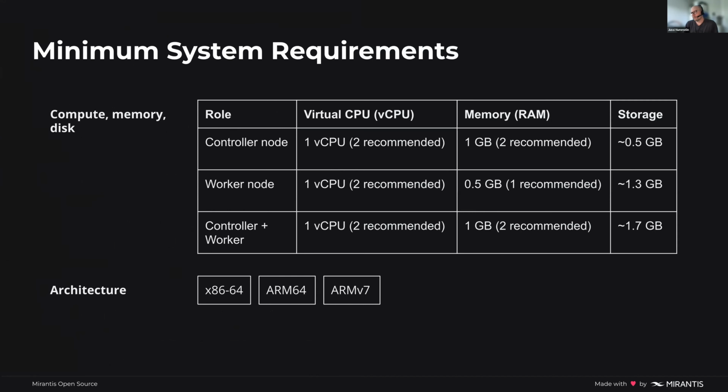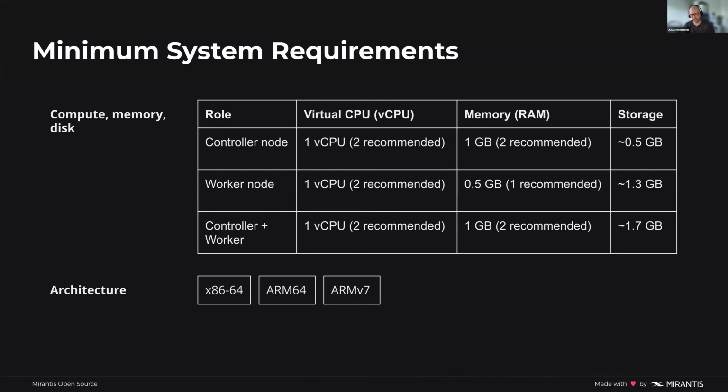I mean, the minimum system requirements are quite modest in a way, in that we don't embed a lot of stuff on top of the plain upstream Kubernetes. So when you set up a k0s cluster, you don't get many bells and whistles. You get upstream conformant Kubernetes, and that's about it.